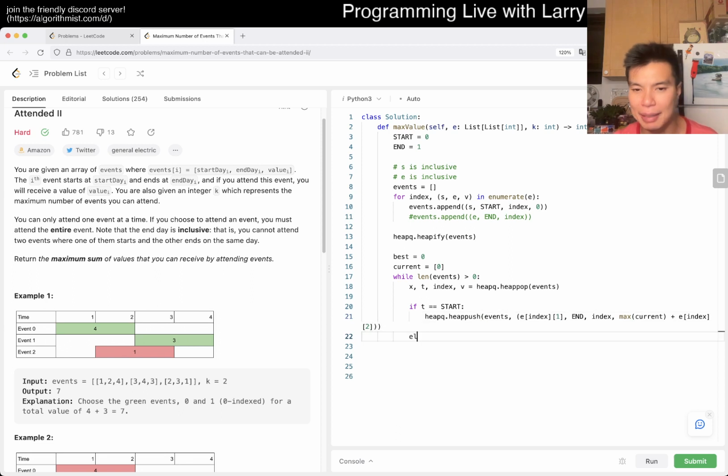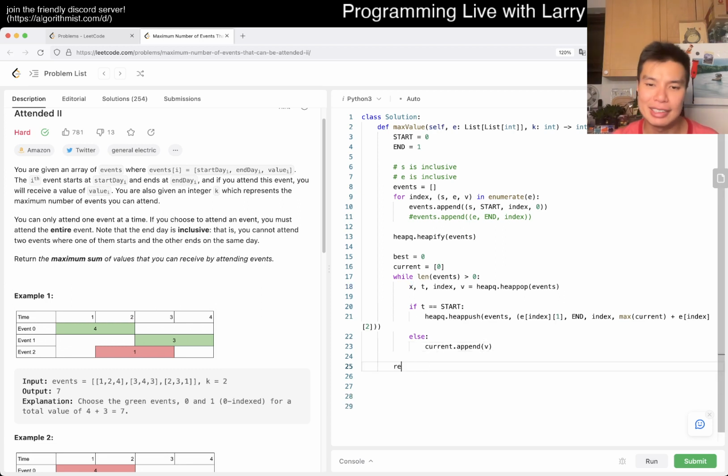If this is an end type, then now we get to update current, right? We go current dot append v, right? Because now this v is able to be unlocked for future x's. So that's basically the idea, and this will work eventually, right?